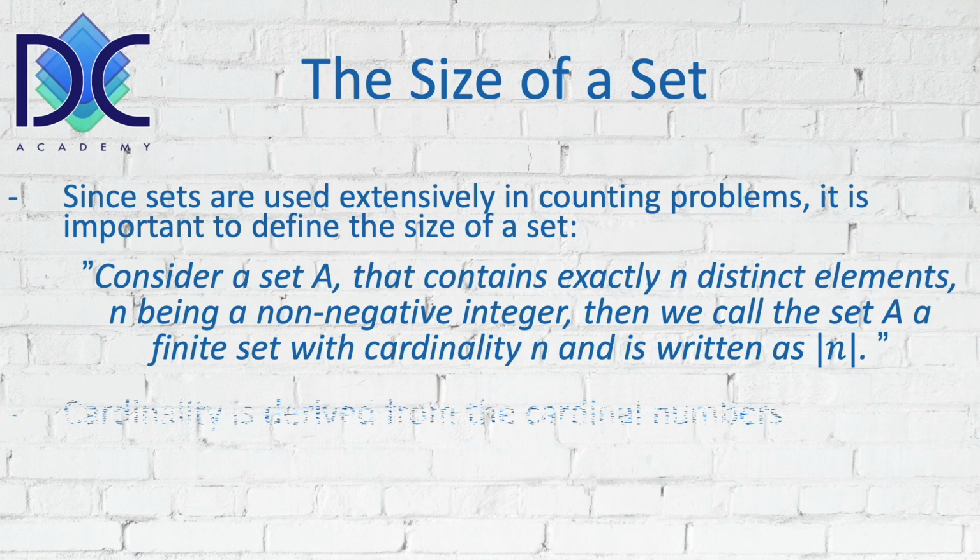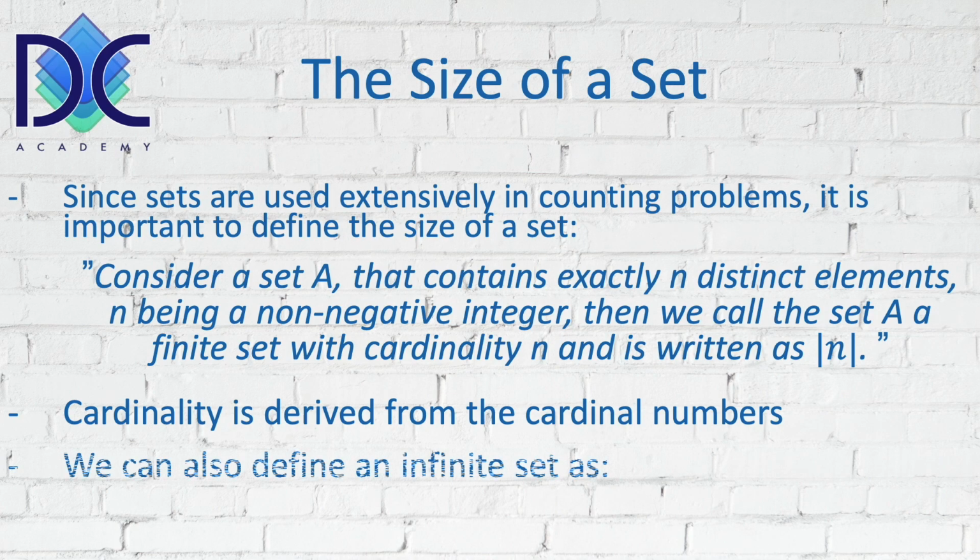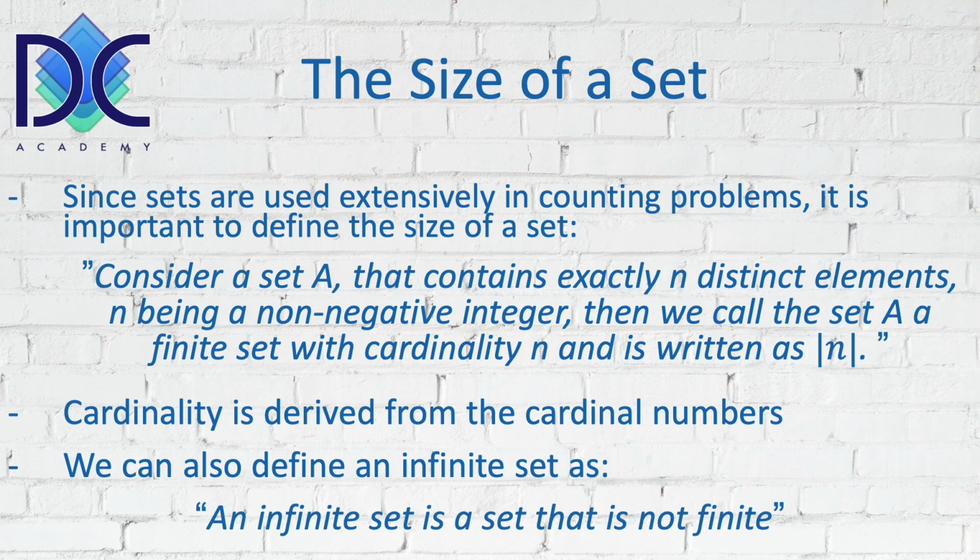Cardinality comes from the cardinal numbers, and we want to count how many elements are in a set. Another case is an infinite set, where the cardinality is infinite, and we can define an infinite set as a set that is not finite.